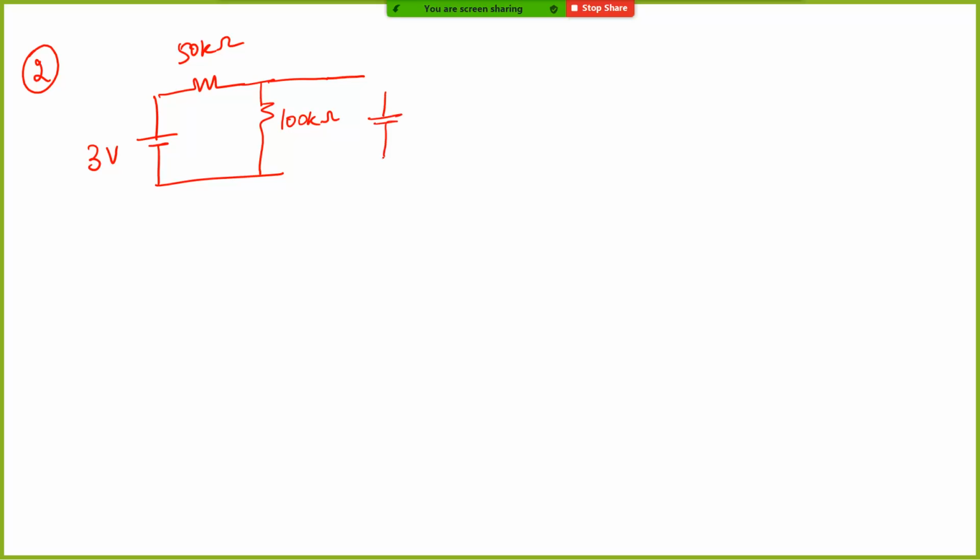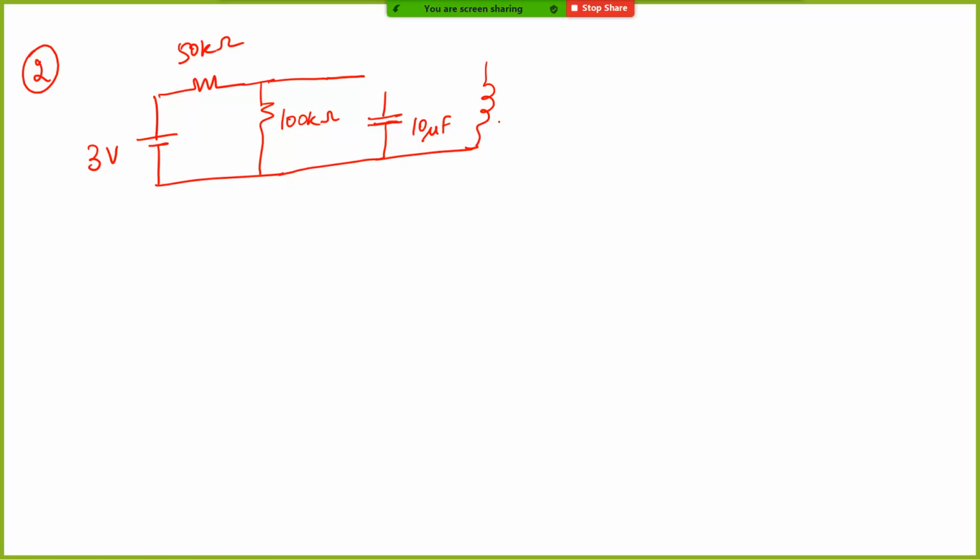This is basically 3 volt. You have 50 kilo ohm, and 100 kilo ohm, and you have this capacitor. It is 10 microfarad.